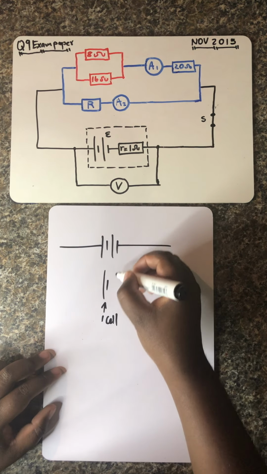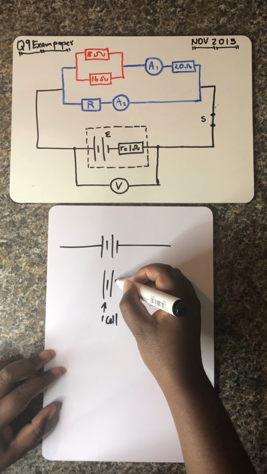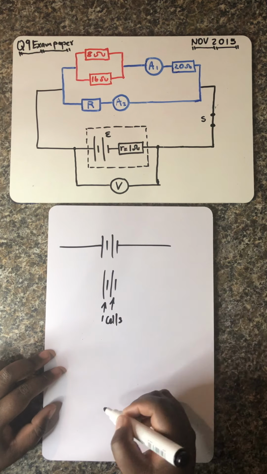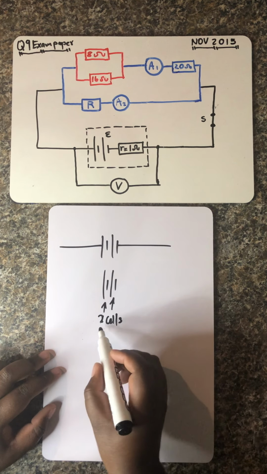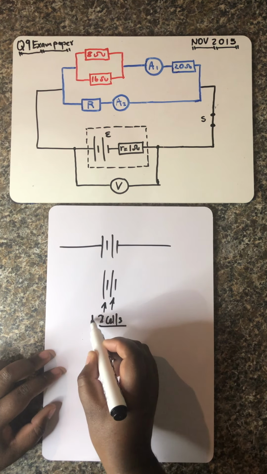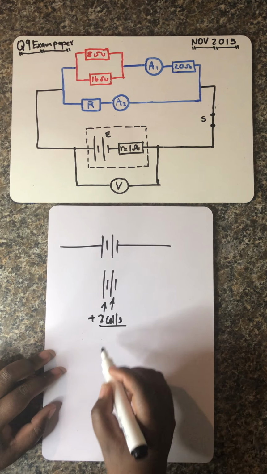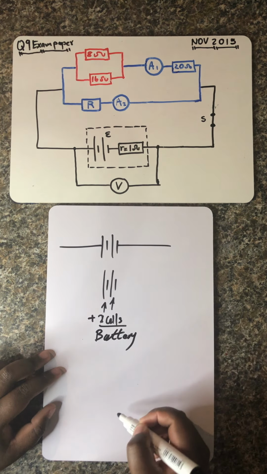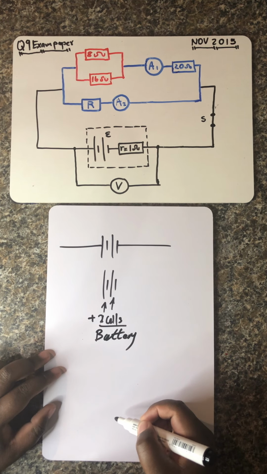Combined with another long line and a smaller line, then you know you've got 2 cells. So the combination of two cells or more is what we call a battery. I hope you understand that part, right?